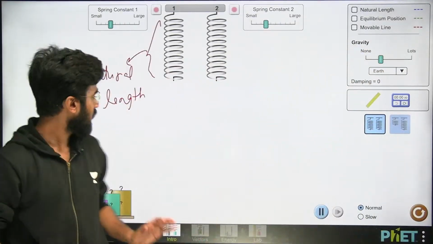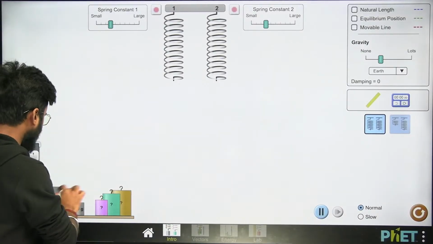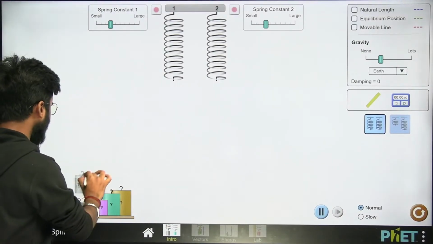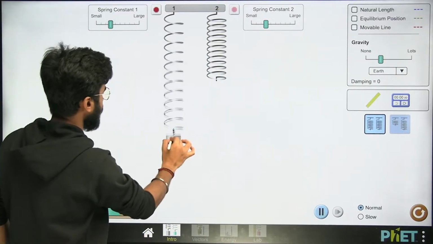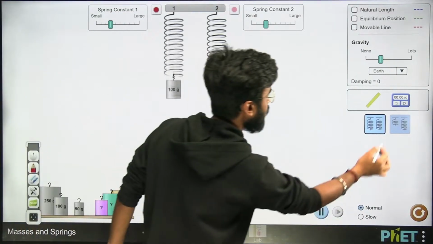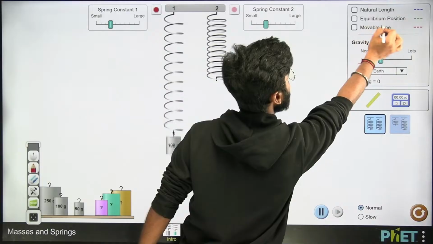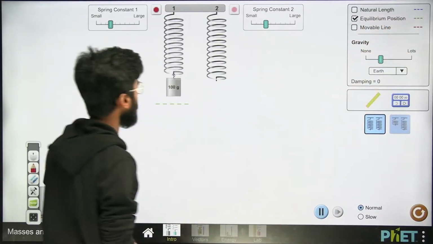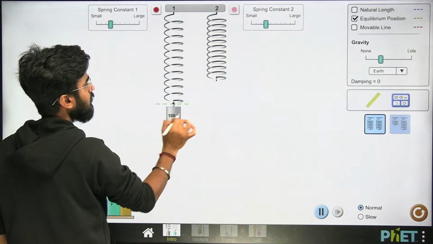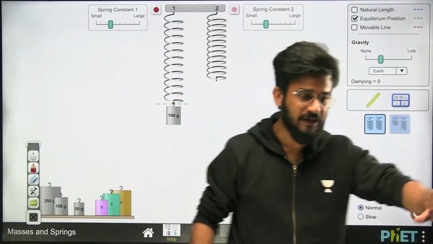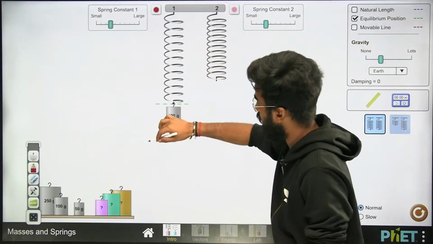Now what we do, we just simply take a mass, suppose 250 gram, or just take a 100 gram mass and put it on this. So it will just get stretched, and we find the equilibrium position. Means if we try to stop this at the equilibrium position, this is the equilibrium position. Previously the level was this.